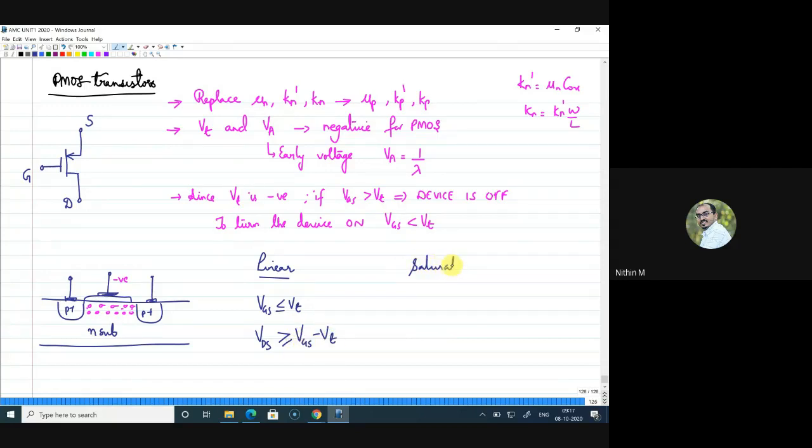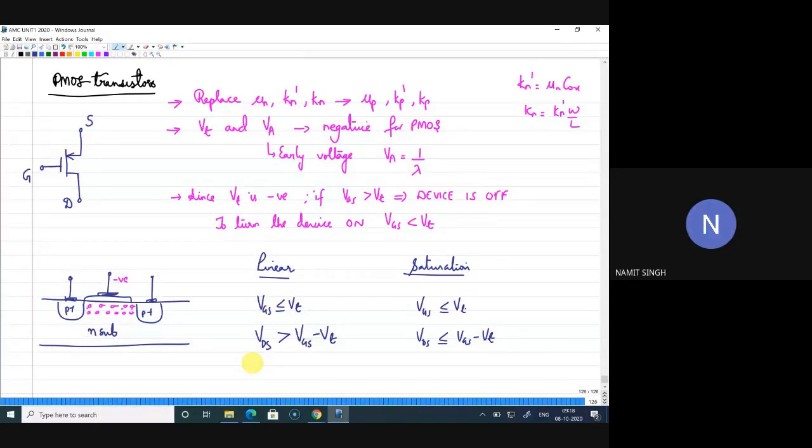And for saturation, your VGS should be less than or equal to VT, and your VDS should be less than or equal to VGS minus VT. You can take the equality condition at any one place, either at linear or in saturation. Most of the cases we consider it in saturation, right? So your VDS should be less than or equal to VGS minus VT for saturation.